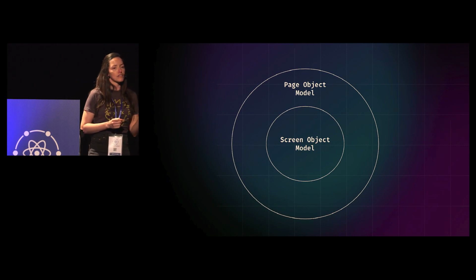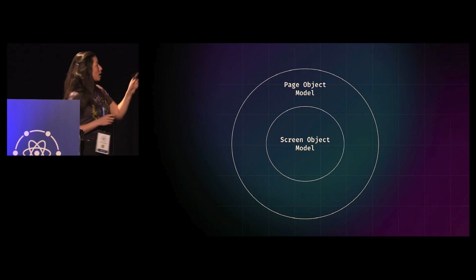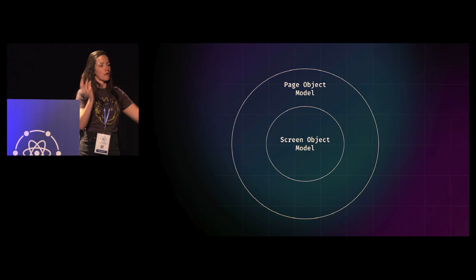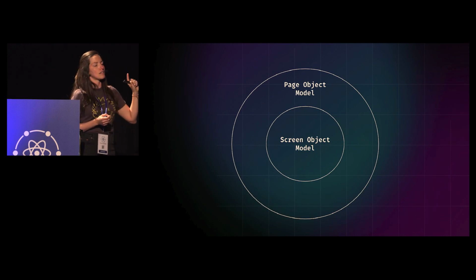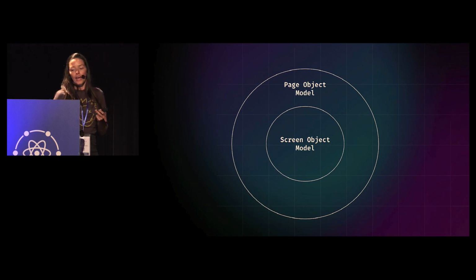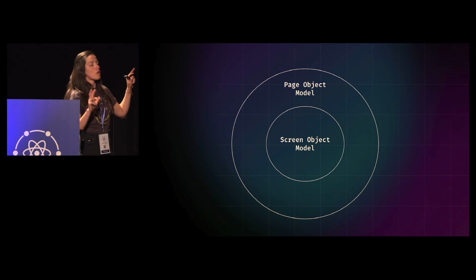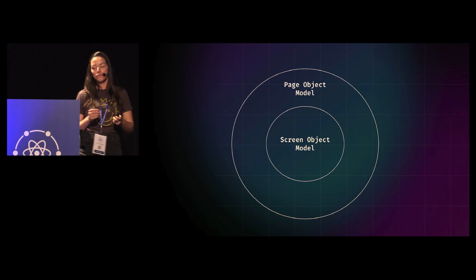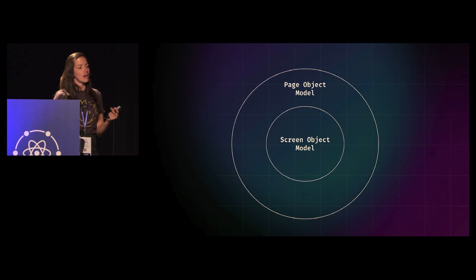The page object model is a design pattern for testing that focuses on UI and end-to-end, and the mobile version is the screen object model. And we have adopted it.